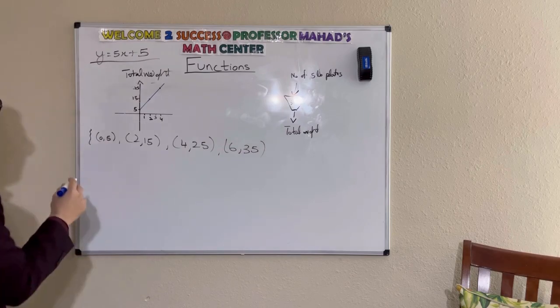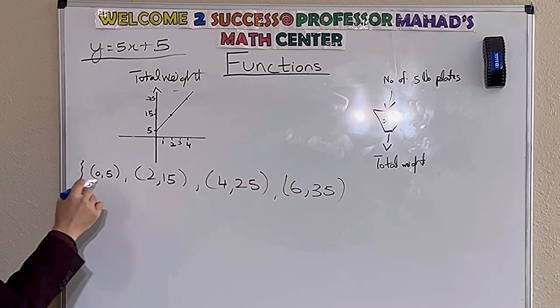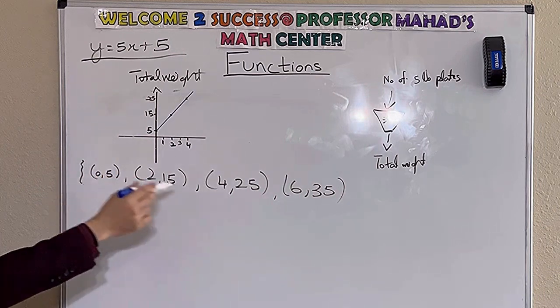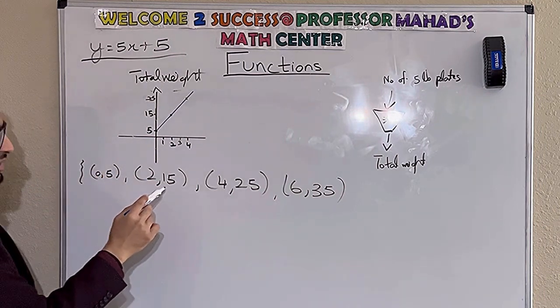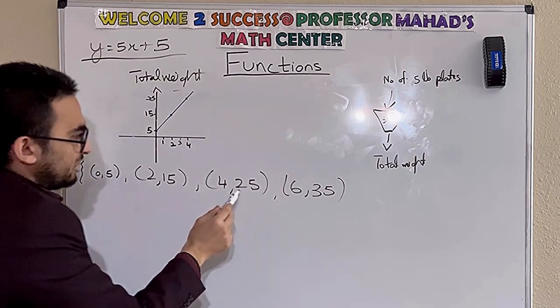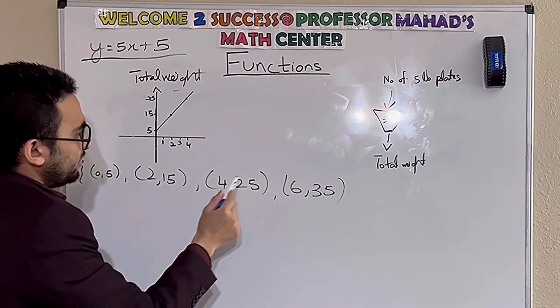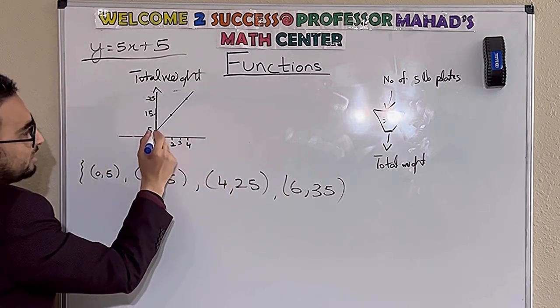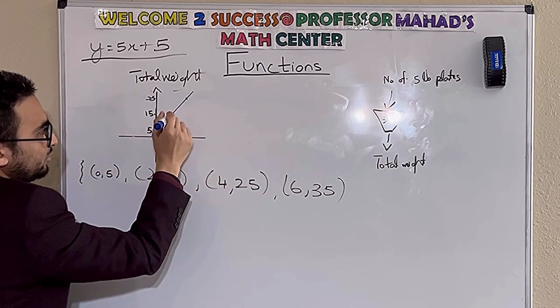Let's see, does it qualify? So (0, 5), and there's no other y value repeating with 0, good. (2, 15), there's no other y value repeating with 2, good. (4, 25), there's no other y value repeating with 4, right? So every x value has exactly one y value.